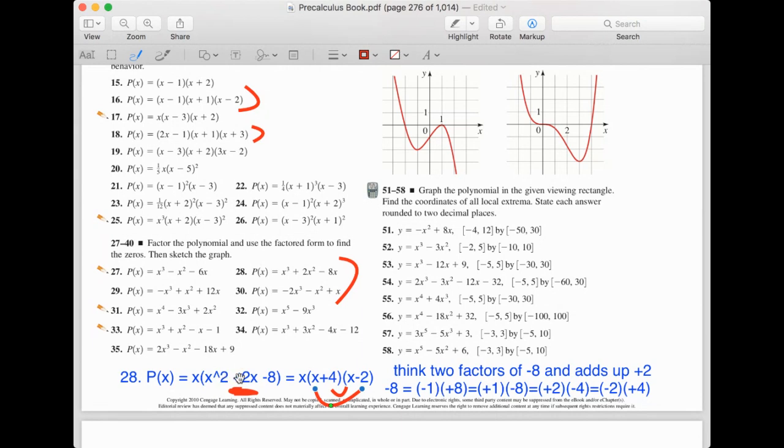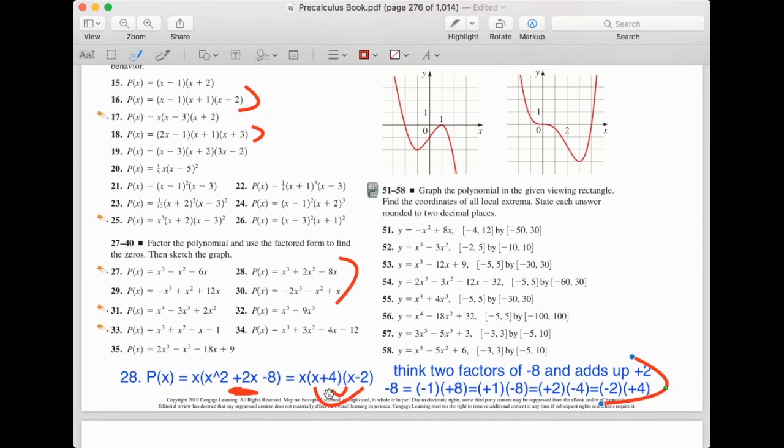If here I had -2x, I would choose this pair. But since I have +2 there, I have to choose this pair, because this pair gives me +2. -2, +4, I add up those two, I get +2x. So that's why I know I can factor as x times x plus 4 times x minus 2.